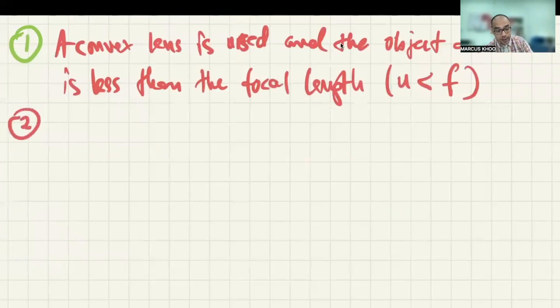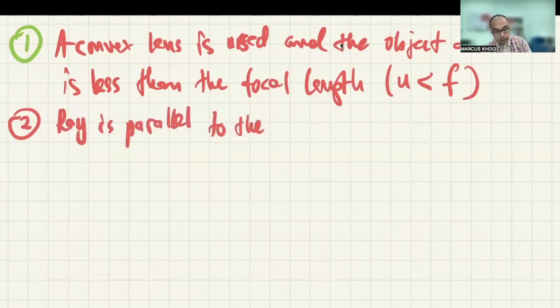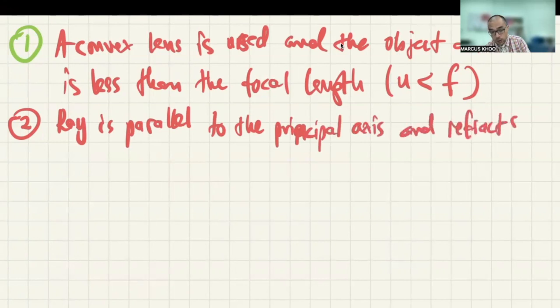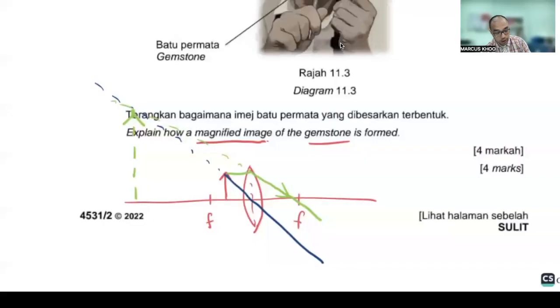The first light ray is parallel to the principal axis and refracts through the focal point. So we're talking about the green one, parallel, and then it refracts through the focal point.